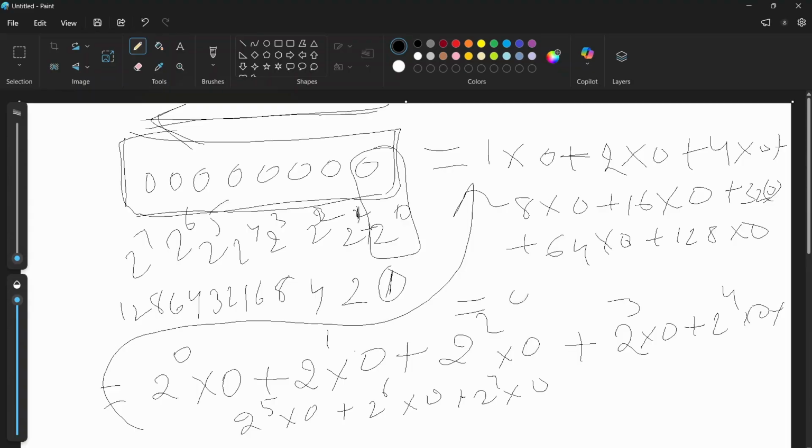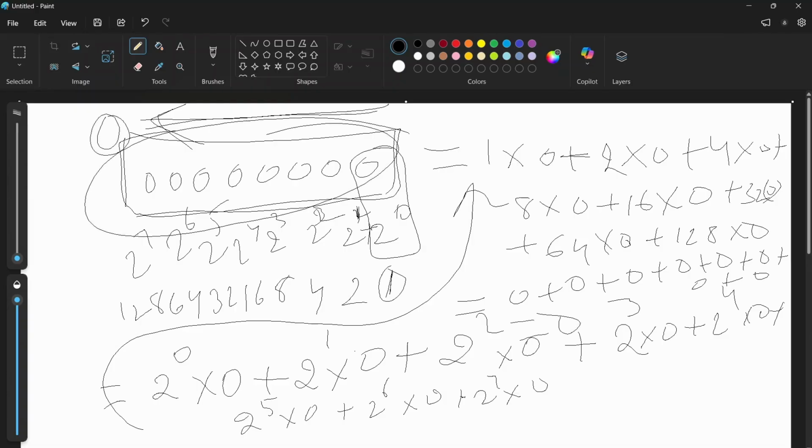So 1 into 0 is 0, 2 into 0 is 0, and so on. Everything will be 0 finally. So this entire octet has been converted to 0.